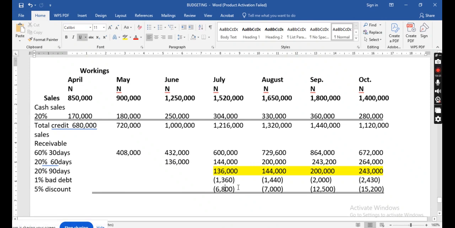What do you have? 7,200 for 144. No, for July. So what is the 5% of 136? 6,800. Please, if you did not understand, let me know. 7,200. Next. 10,000.